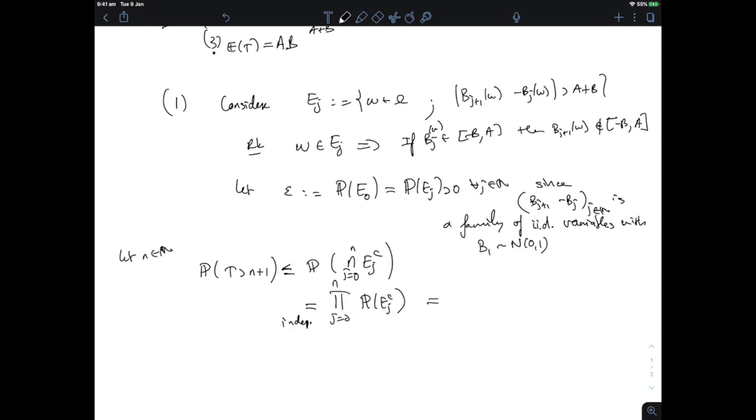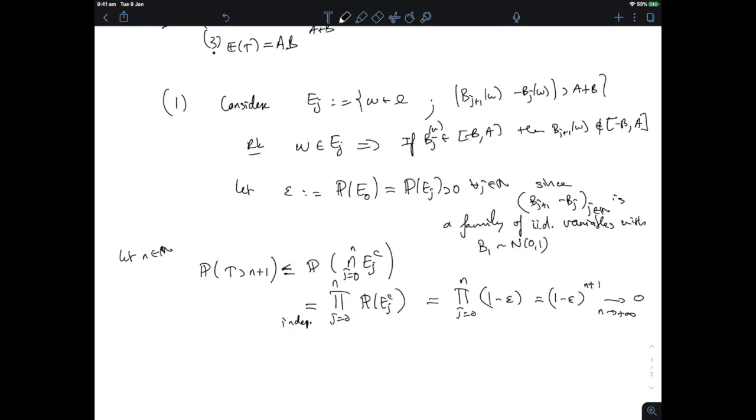And what is that probability? Well, it's 1 minus the probability of E_j, which is epsilon, some positive number, obviously smaller than 1 because it's a probability. So this is (1 minus epsilon) raised to the power n plus 1. And the point is that it goes to 0 as n goes to infinity because epsilon is not 0.